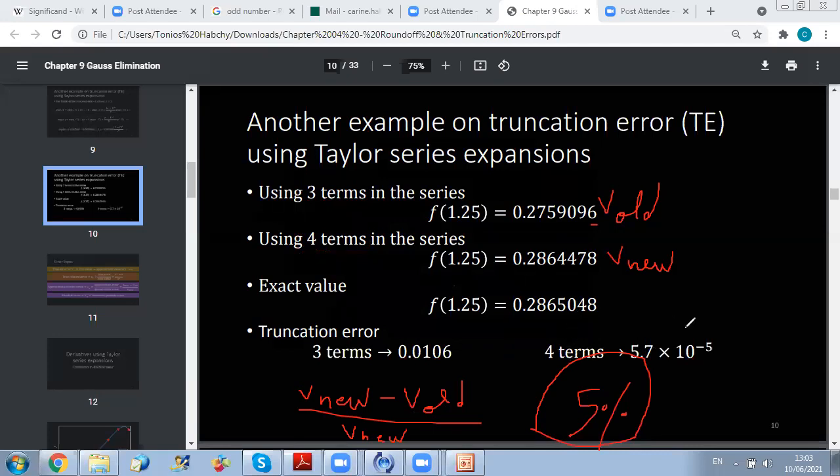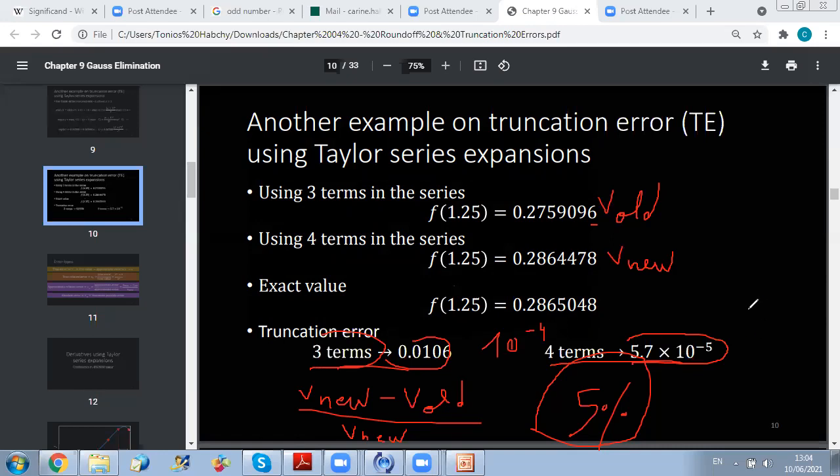Or here, for example, let's say in terms of error, I want to stop at 10 minus 4, and you have calculated for 3 terms, this is the induced error. For 4 terms, this is the induced error. Then, since 5.7 times 10 minus 5 is smaller than 10 minus 4, I can stop here.